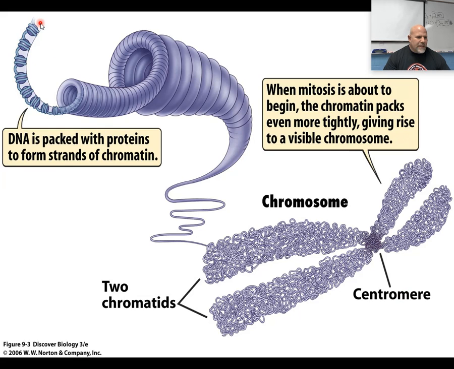When a cell gets ready to divide, our DNA will loop around histones, and then it will coil, and then it will supercoil, and then it does some super duper coiling to form chromosomes. This is what we actually see during mitosis and meiosis, a condensed version of the DNA. It's not the linear DNA that we actually use to make our proteins.